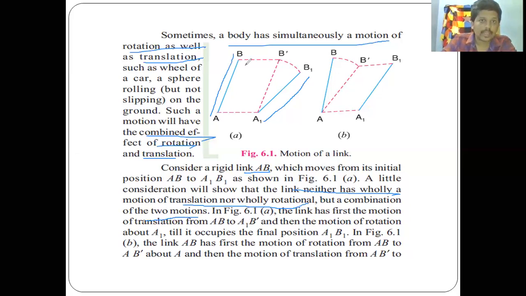To come from AB to A1 B1, first it moves from AB to A1 B dash. That means this is something translational.